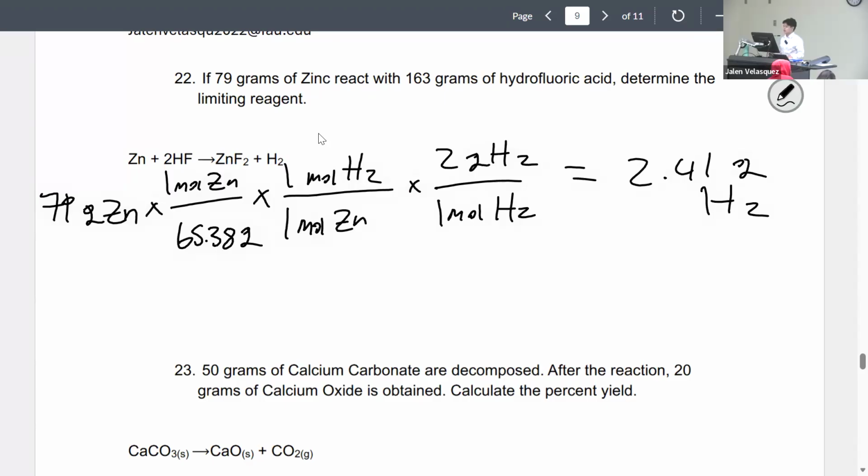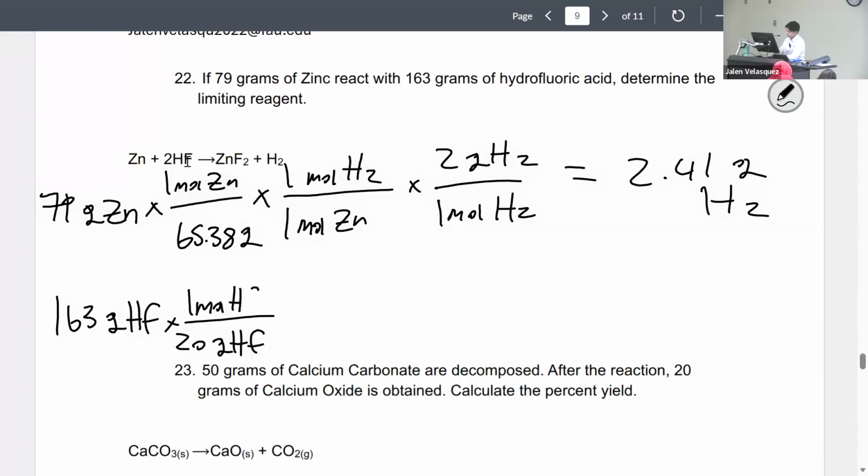Then we have to do the same thing for our other reactant, the HF. We have 163 grams of that. Same deal here: go to the moles, then from the moles of HF to the moles of H using the molar ratio. We have a 1-to-2 ratio.